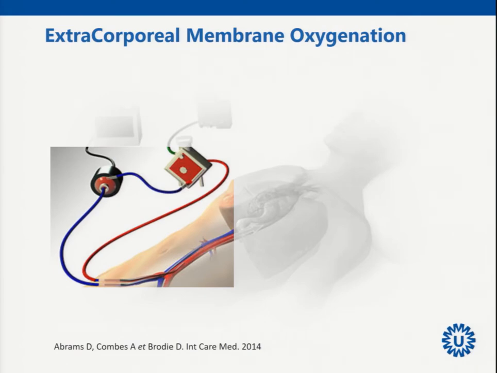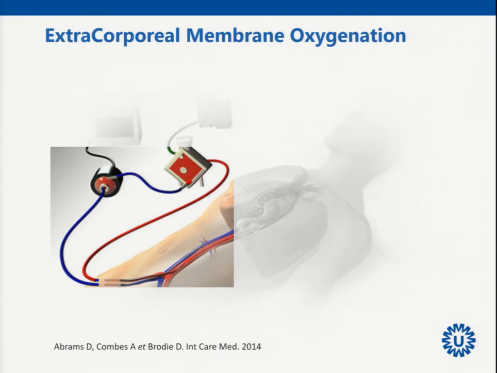In this way, the patient is peripherally cannulated via the femoral vein and the femoral artery, but the venous blood is drained and propelled through a pump. This is, in modern ECMO, a centrifugal pump, which is preload and afterload dependent. I'll come to that in a minute.